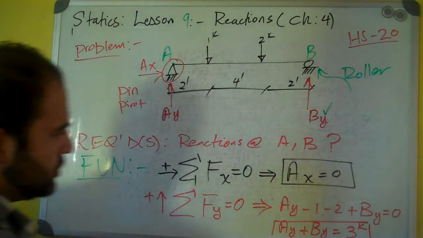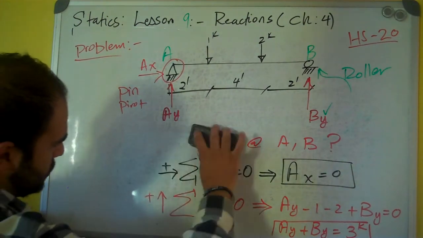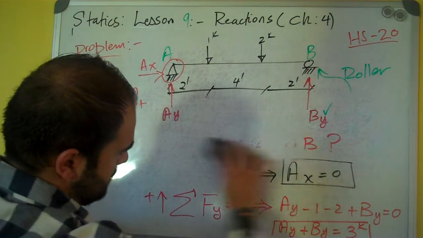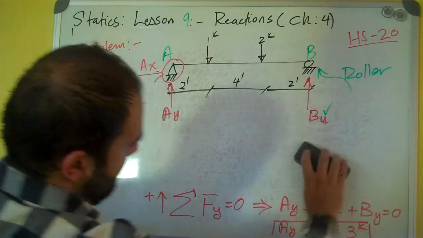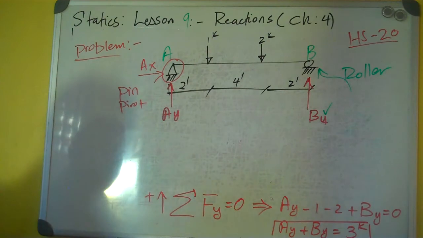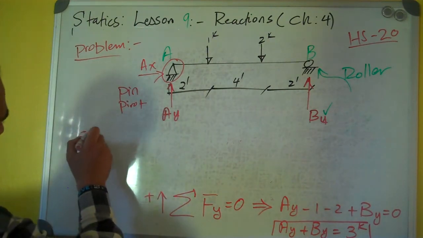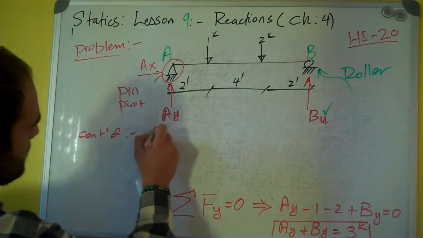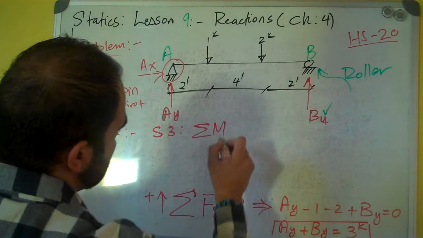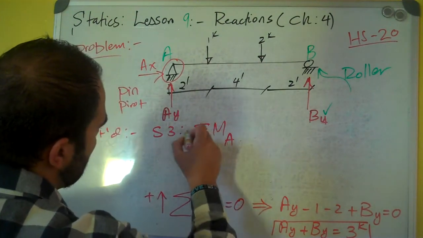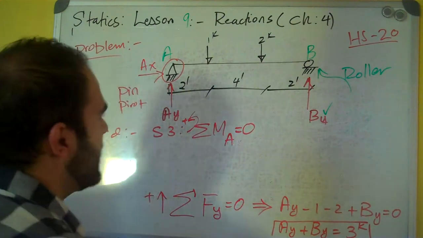I am going to erase these 2 lines. And I'm going to go ahead and sum the moment. So if you want to call this step 2, let's say continued. Step 3, sum the moment at specific location, let's say A. Let me tell you something, just FYI.